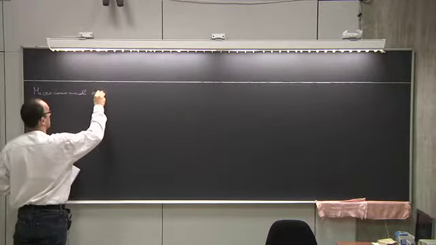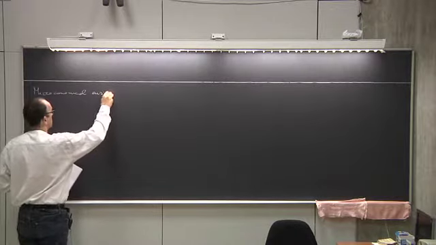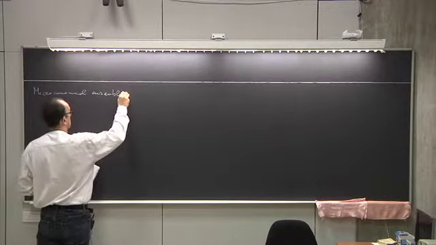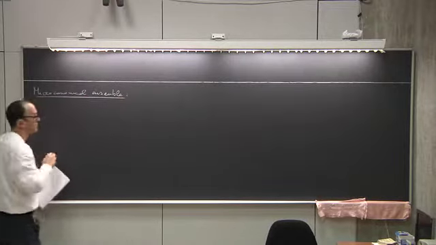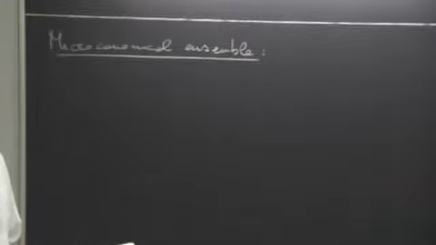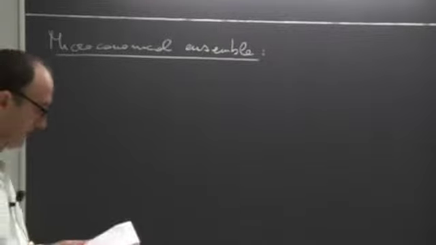And so the problem in the microcanonical ensemble is to compute the number of possible microstates, right?